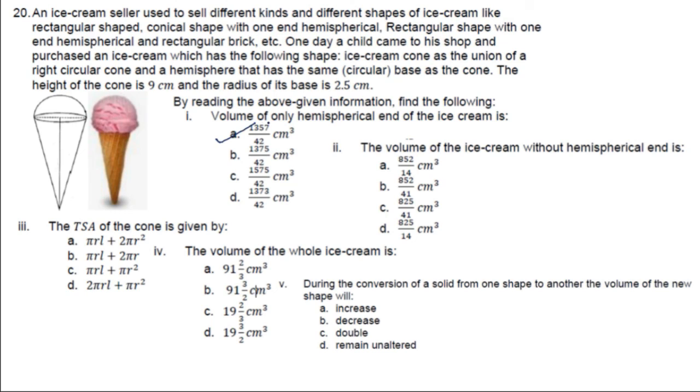For the first one, the answer is A. For the second one, the answer is D. For the third one, the answer is C. And for the fourth one, the answer is 91 2 by 3, which is option C. And for the fifth one, the right answer is, it remains unaltered. You can cross check by actually calculating the volumes.